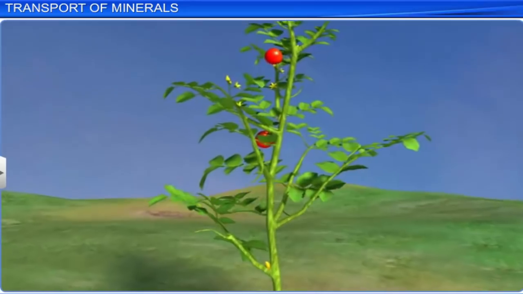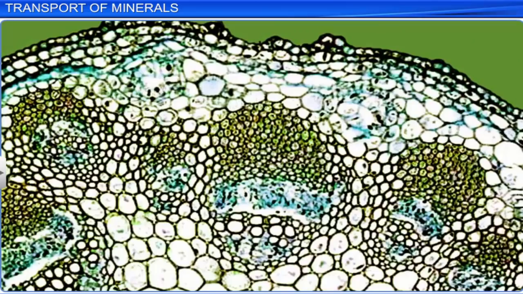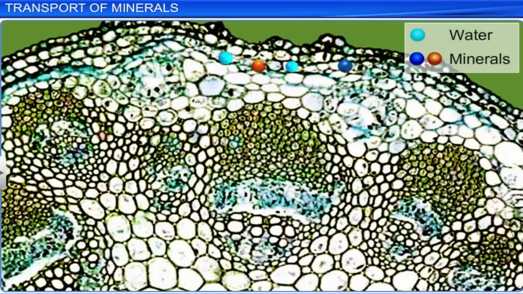These mineral ions are unloaded at the fine vein endings of leaves through diffusion and are taken up by active transport by associated cells such as mesophyll cells.